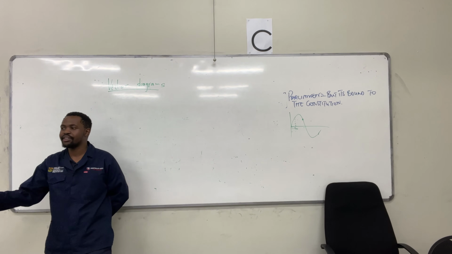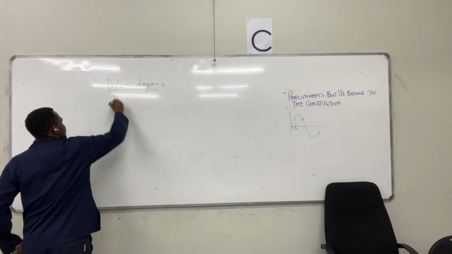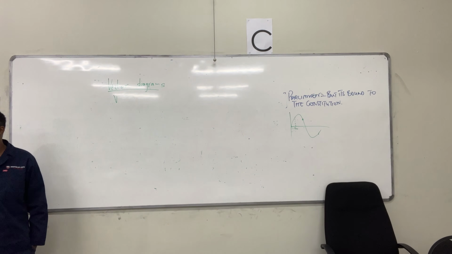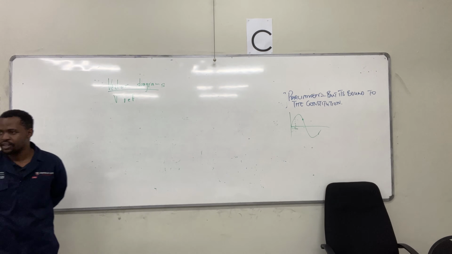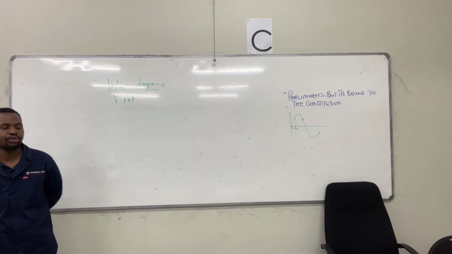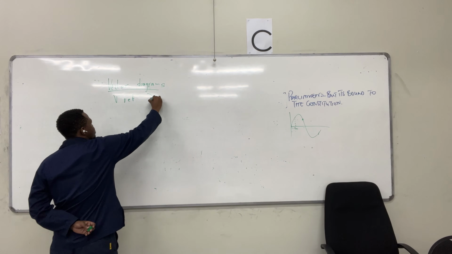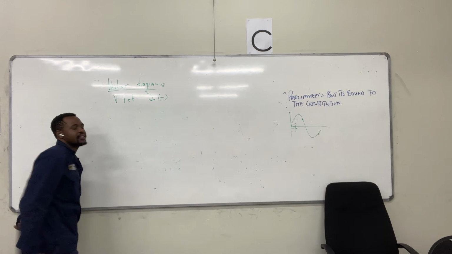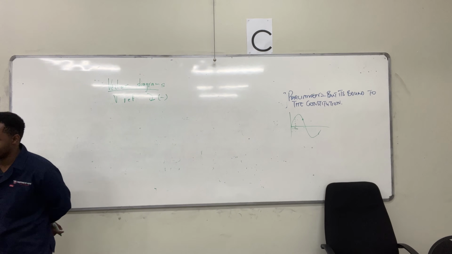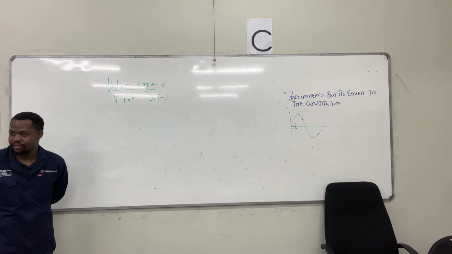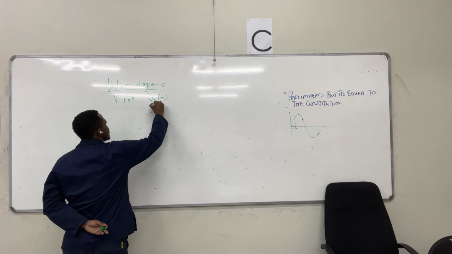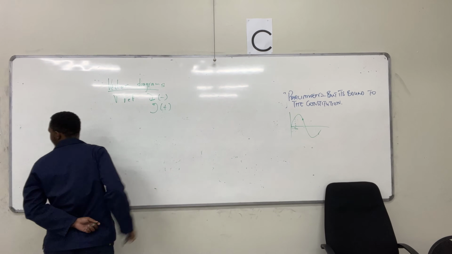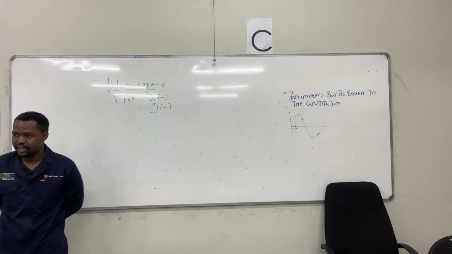But normally, the reference is always taken as the voltage. Standard. I want you to grasp this: a clockwise rotation is a negative angle, taking voltage as a reference. Then an anti-clockwise rotation is a positive angle.